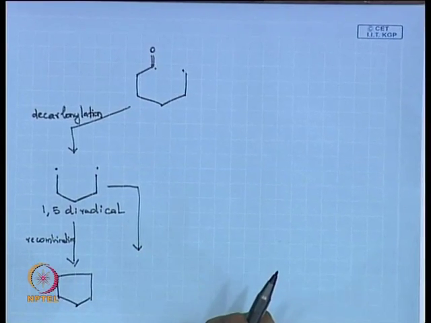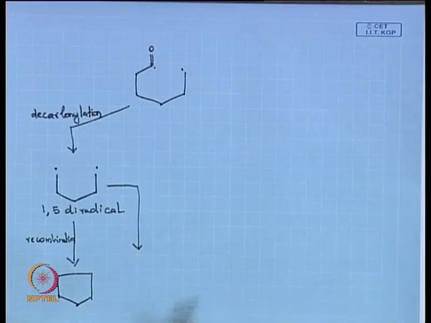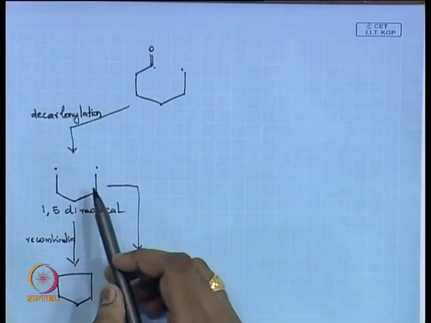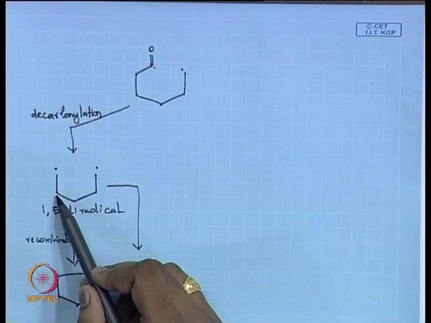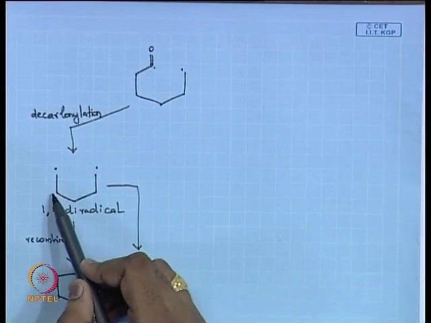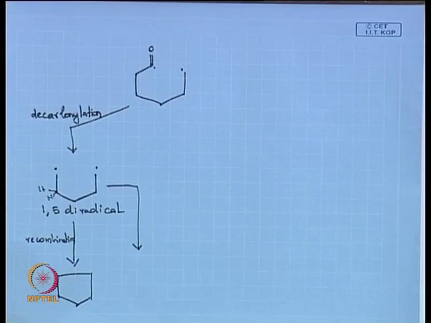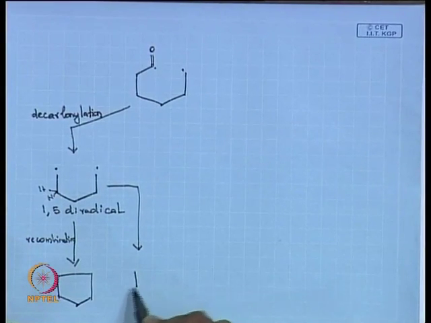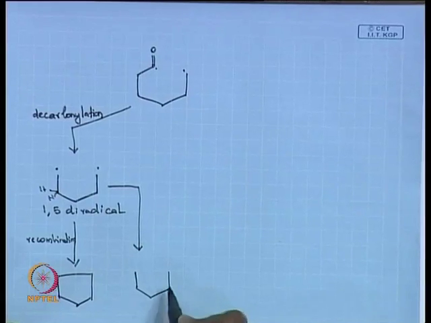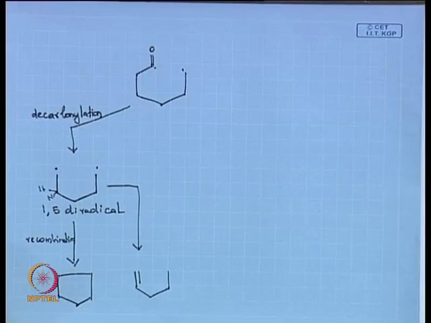You have studied about 1,5 diradicals, right. So, 1,5 diradicals can recombine to give me a cyclopentene, or it can abstract a hydrogen. Okay. So, you have a hydrogen abstraction process, intramolecular hydrogen abstraction, to give me my alkene type derivatives.